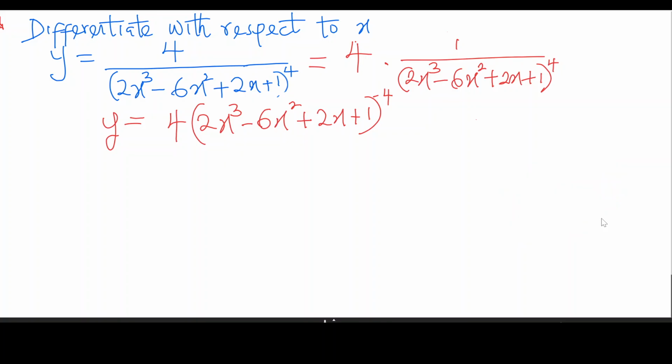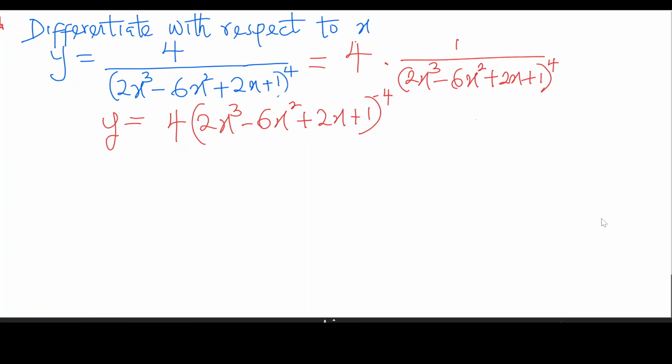Then we are going to be applying the chain rule. Why? Because when we have a bracket and the bracket has a power, and in this case the power is even negative 4, the chain rule is the best to use. How do we use the chain rule?